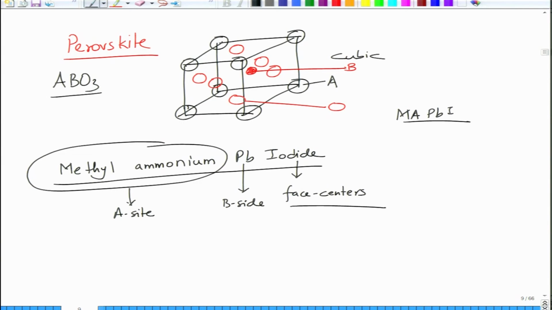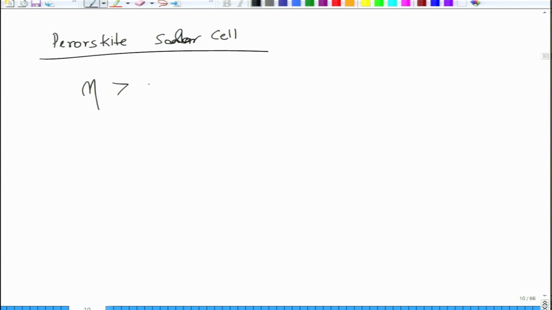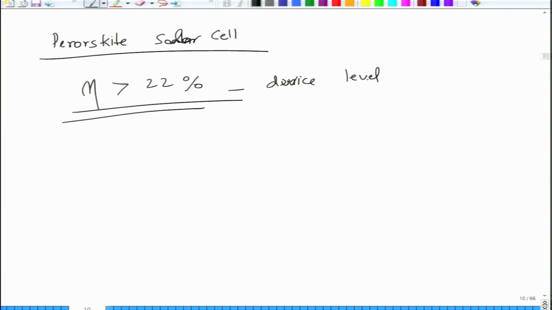However, there is a lot of work going on developing dyes which are non-lead, because lead is environmentally polluting. So, lead can be replaced by various other elements, and a lot of work is going on. Now, these perovskite based solar cells right now have efficiencies that have exceeded 22% as of today, at the device level.